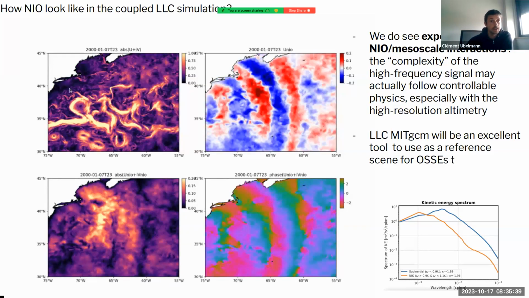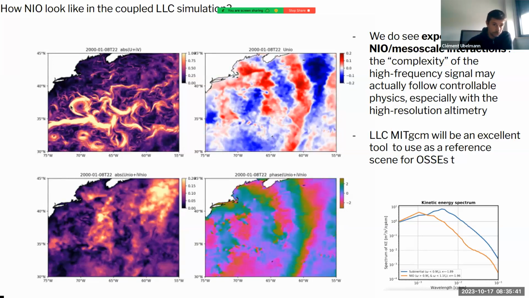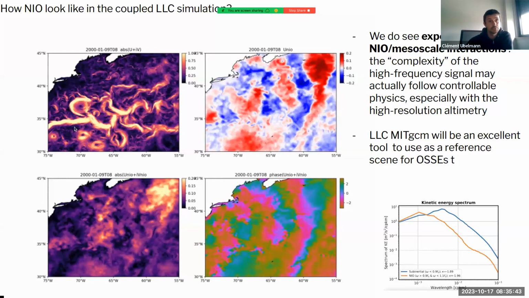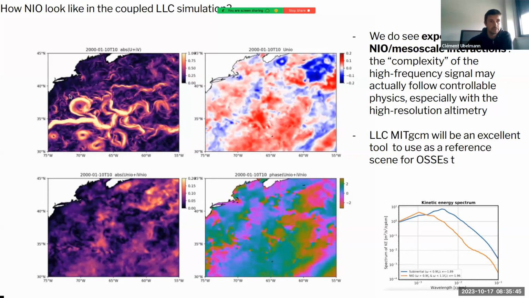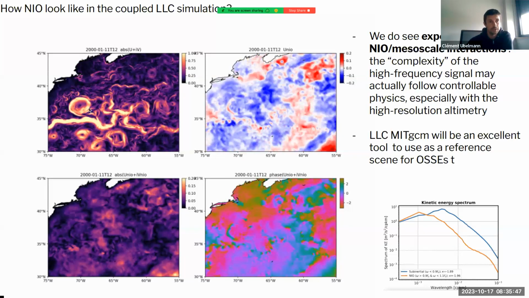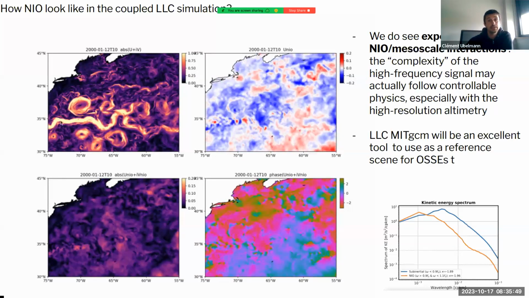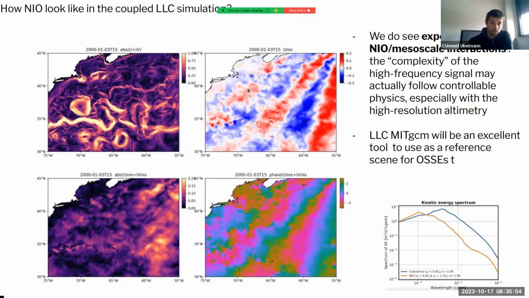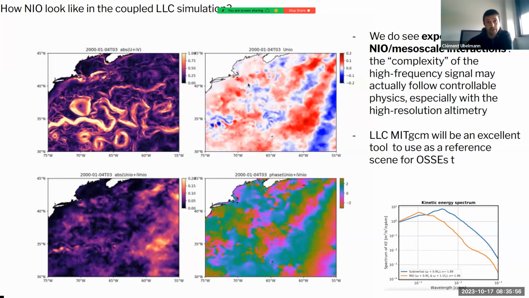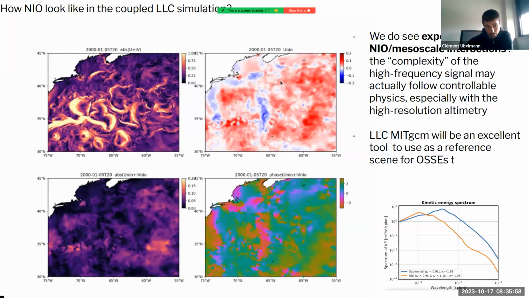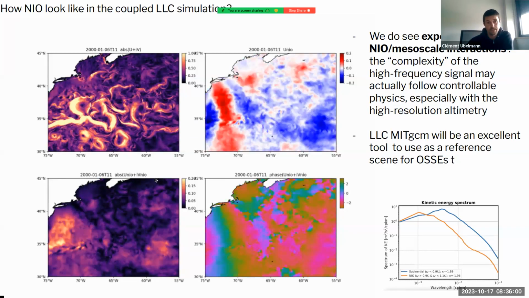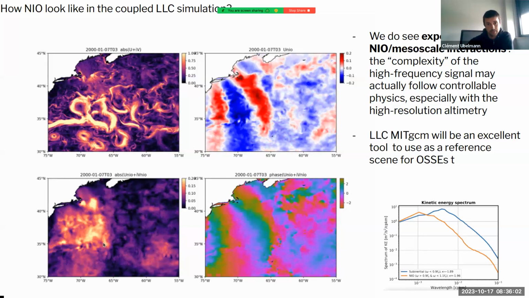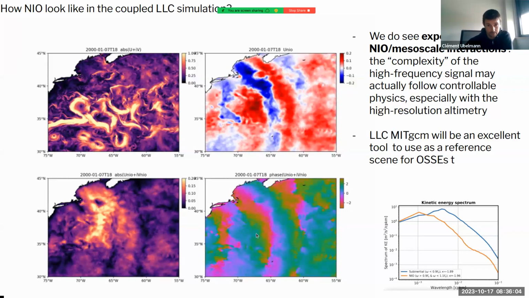That's the magnitude of the current, just to clearly show the presence of these eddy rings in the Gulf Stream and the main path. On the right is the extracted NIO signal from the hourly data. That's one component on the right, but at the bottom is the amplitude of the NIO, and at the bottom right is the phase.